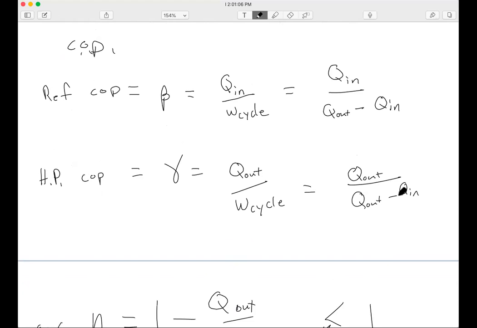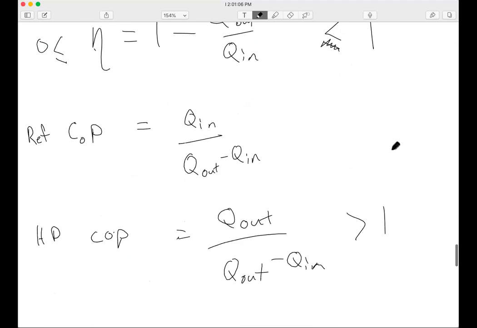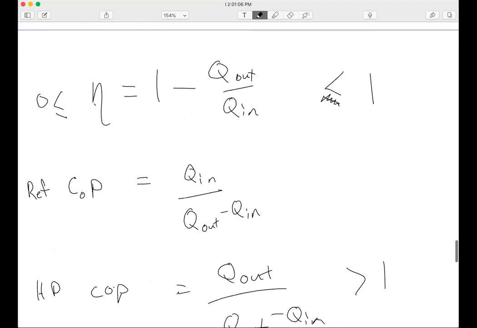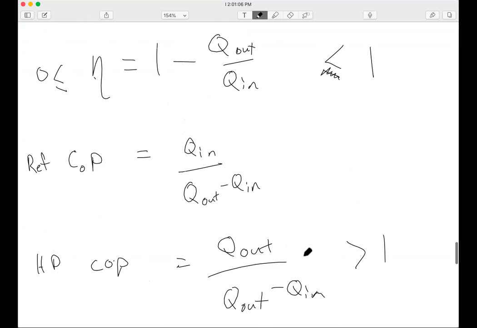And so in this case, we see that this number is, first of all, positive, and secondly, it's kind of obvious from the fraction that it has to be bigger than 1, in fact. So we get the following relationships. For power cycles, we have an efficiency, given by this formula, and it's less than 1. For a refrigerator, the coefficient of performance is given by this formula. And for a heat pump, the coefficient of performance is given by this formula, and it will be greater than 1.